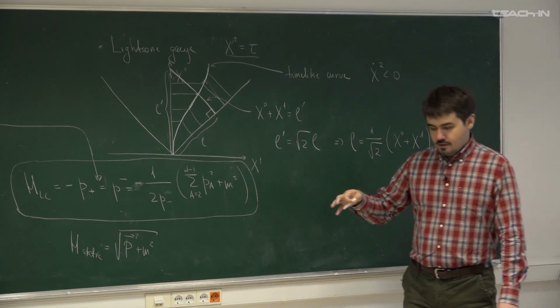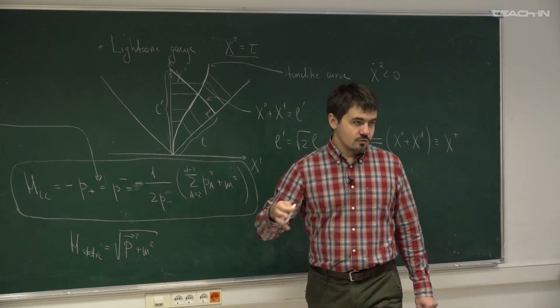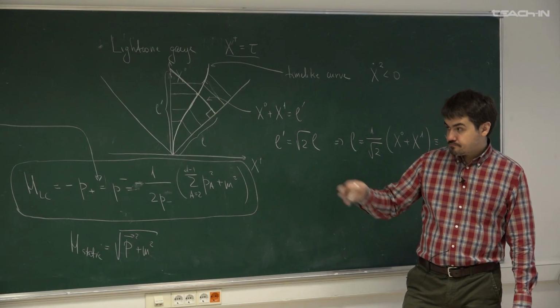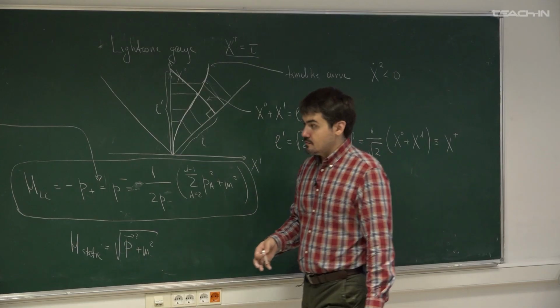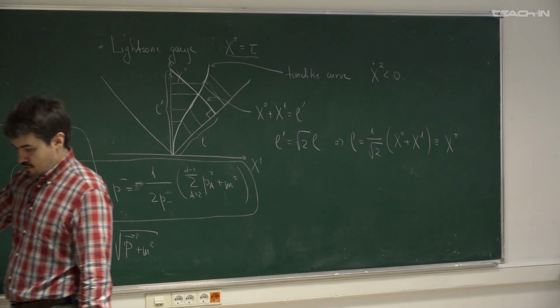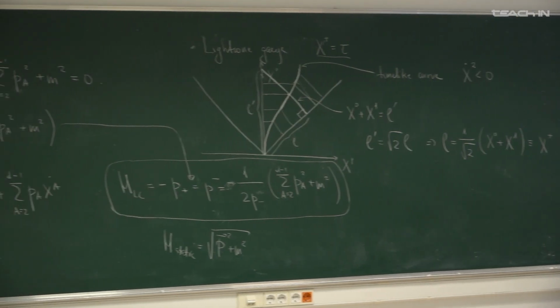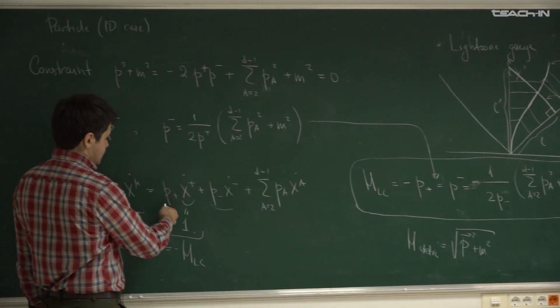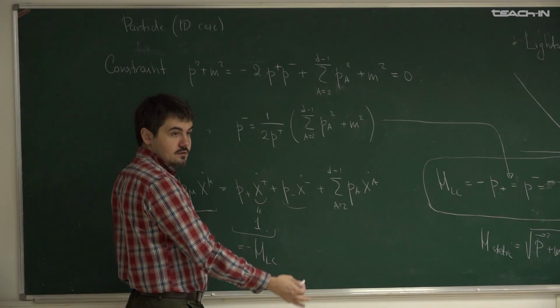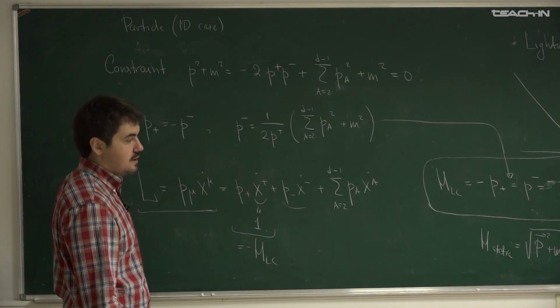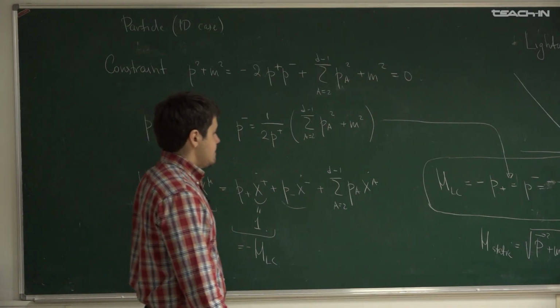Here we have an unconstrained system, so there's no constraint on initial data. But to go back to the full system, one has to substitute the additional variables, solved in terms of the physical variables, the independent variables.